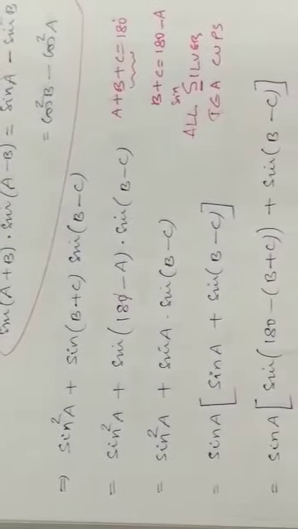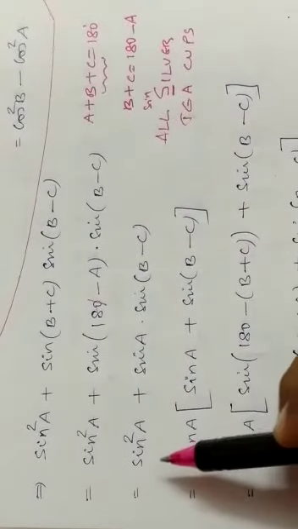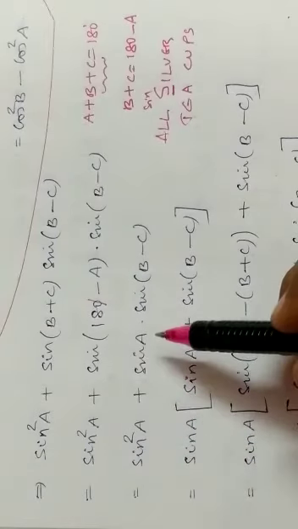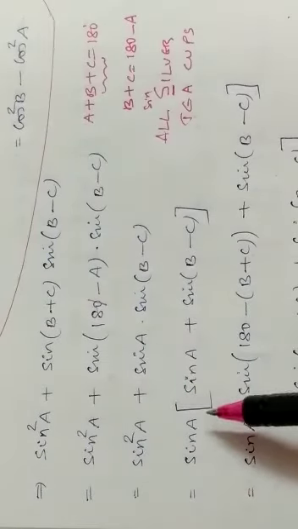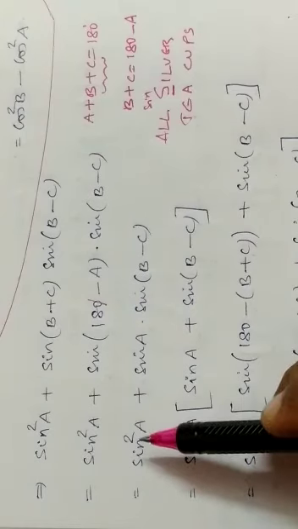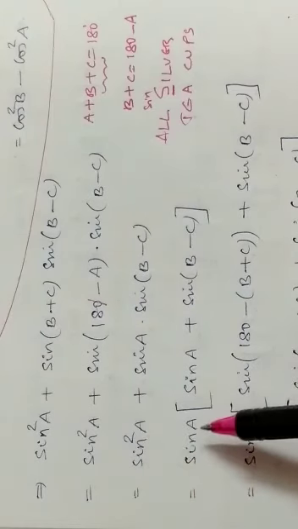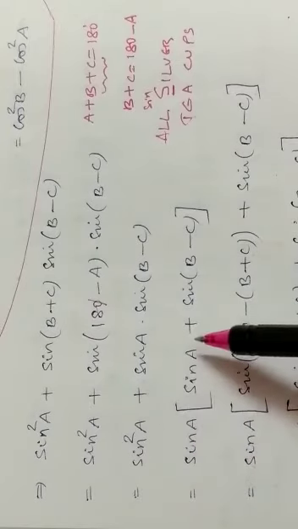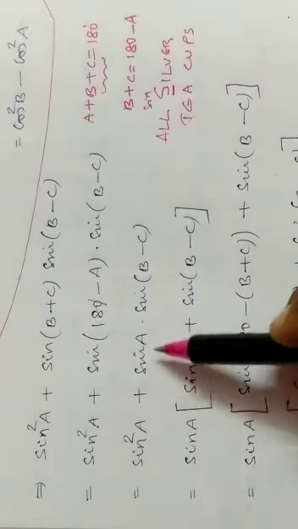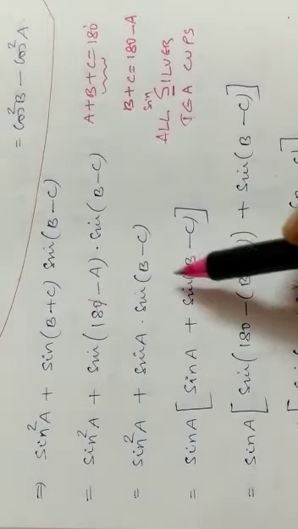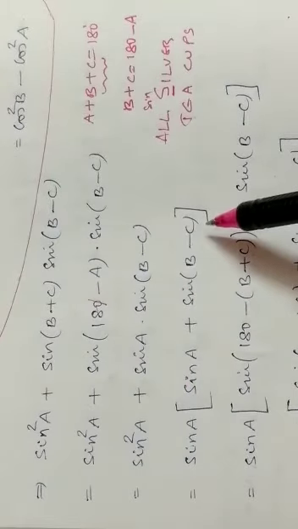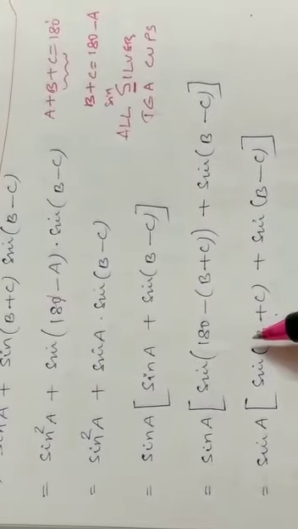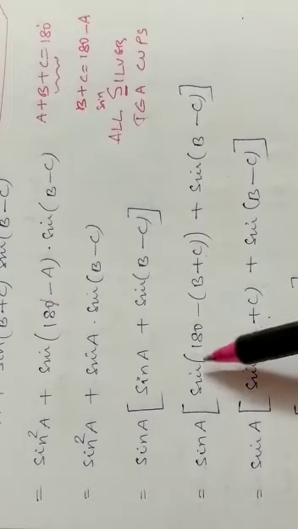Now, if you observe, you can take sin A common in these two terms. So take sin A common. In sin²A, one sin is already outside, so the remaining is one more sin. So sin A plus, this sin A is in common outside, the remaining is sin B minus C. In the next step, you have to use the hypothesis one more time.